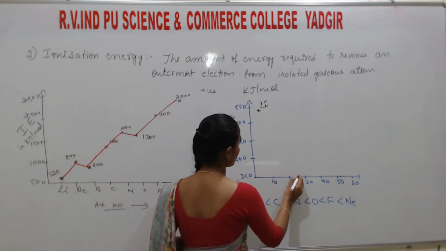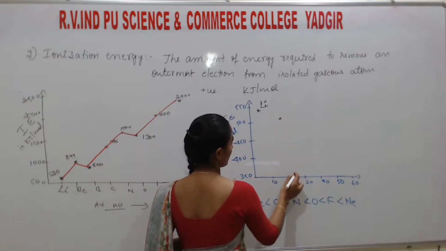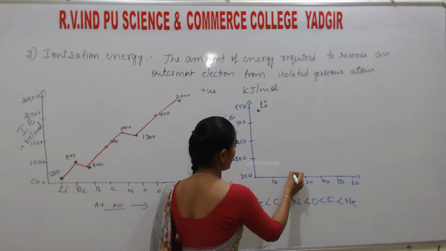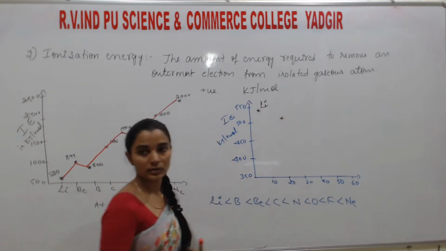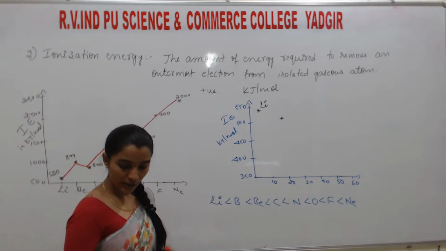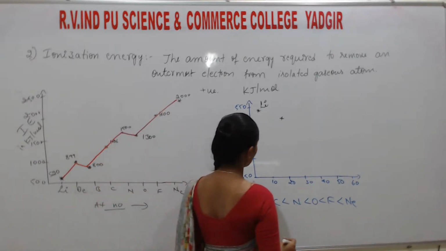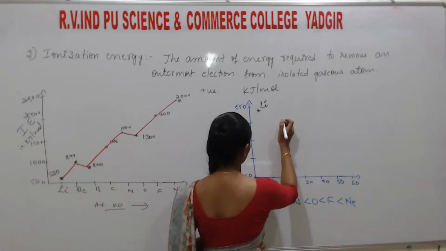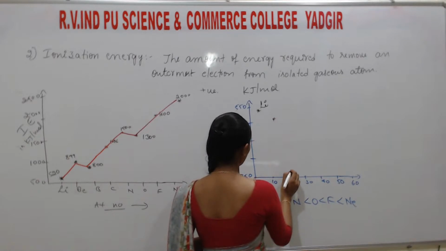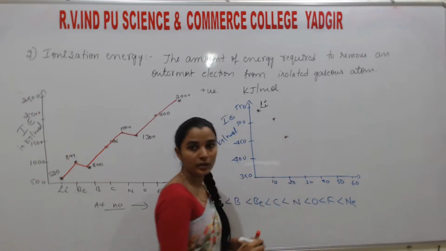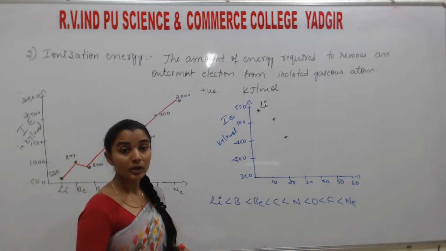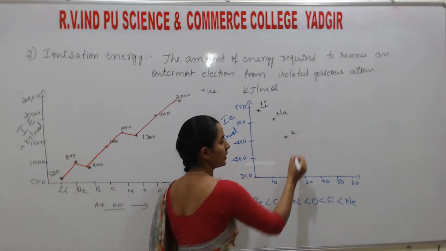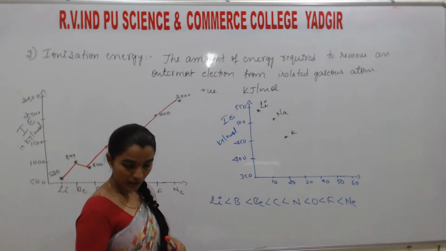Sodium atomic number is 11. Next, potassium atomic number is 19. Correct? Atomic number we have to consider. This one is 3, sodium is 11, this potassium is 19.